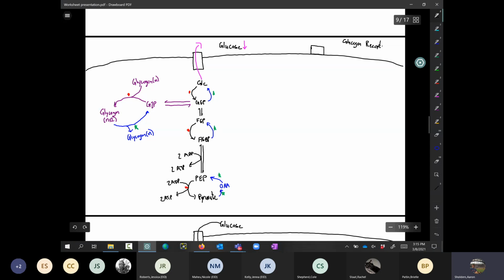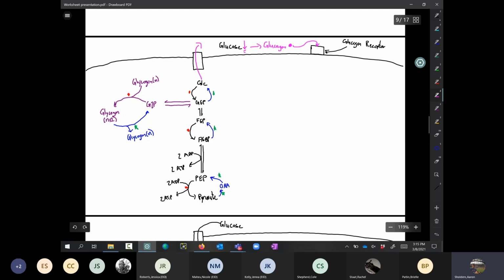Now I'm going to naturally skip over some details. But when glucose goes down, glucagon will be released from the pancreas. And glucagon is a peptide hormone, released from the alpha cells of the pancreas, and will bind here.